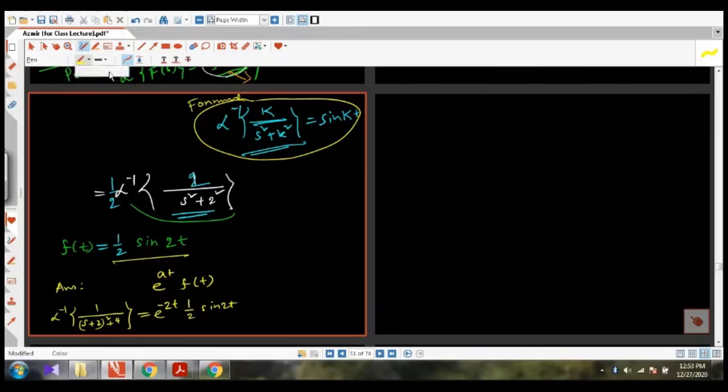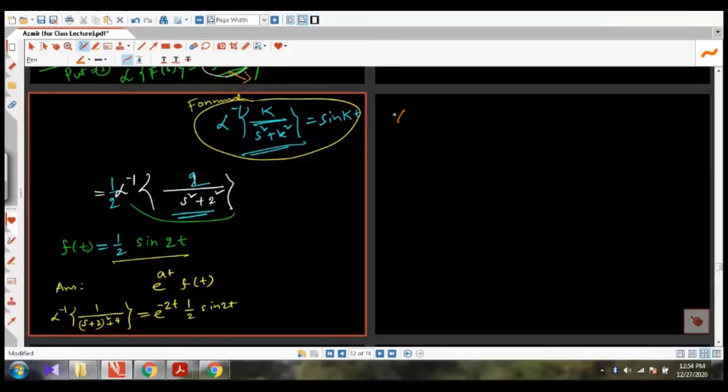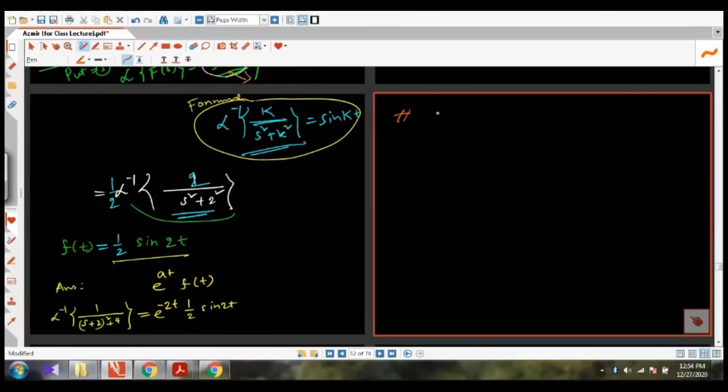So suppose we have, let's say, inverse Laplace of s plus 2 over (s plus 2) squared minus 25.